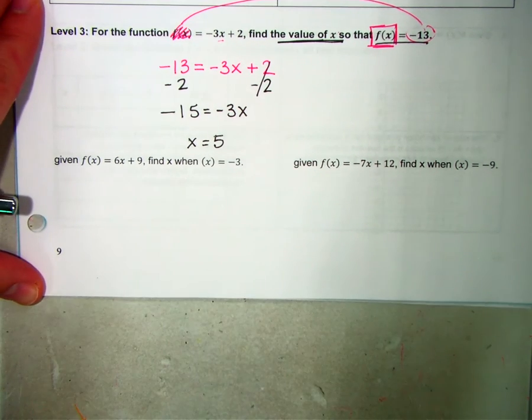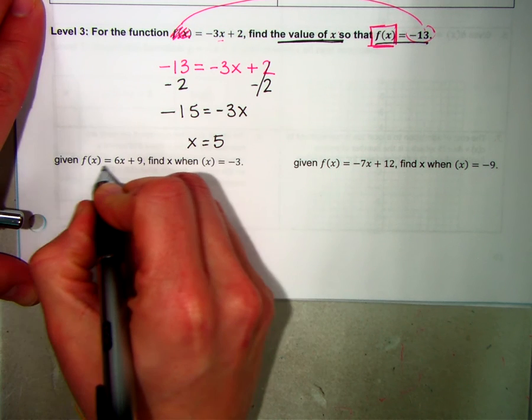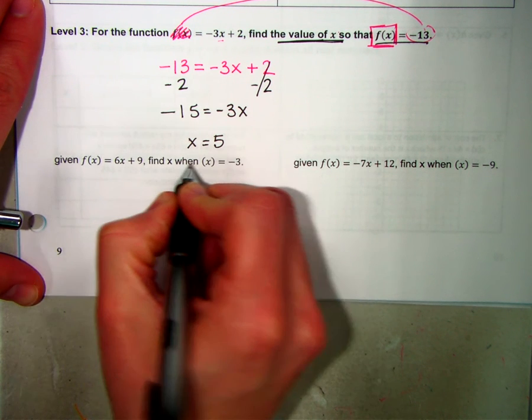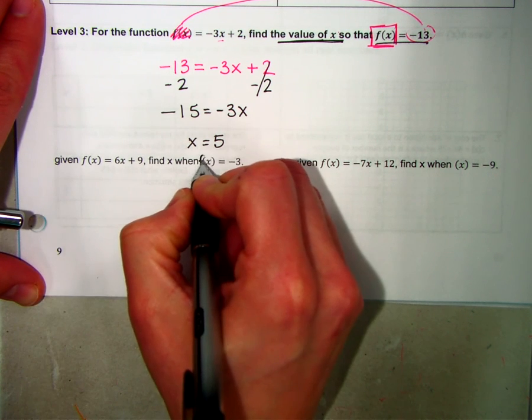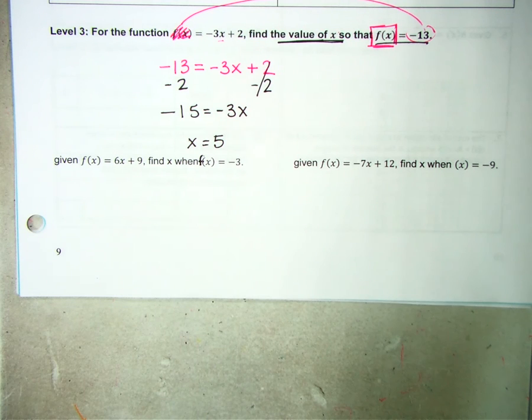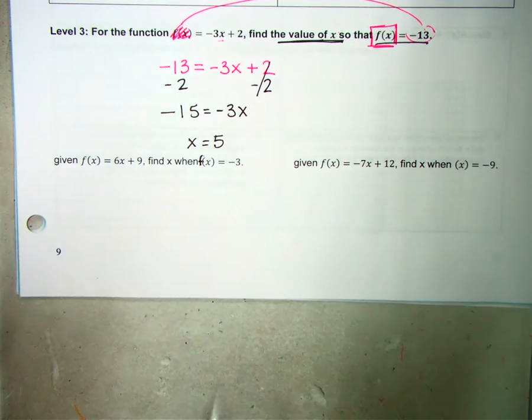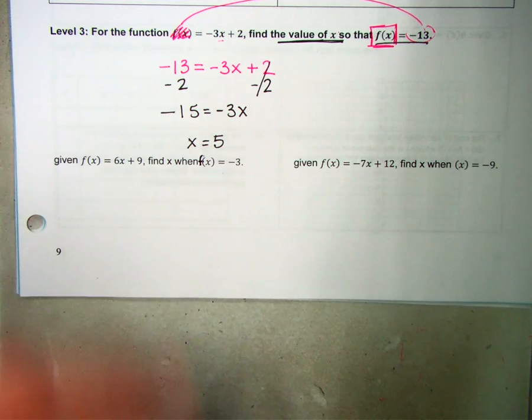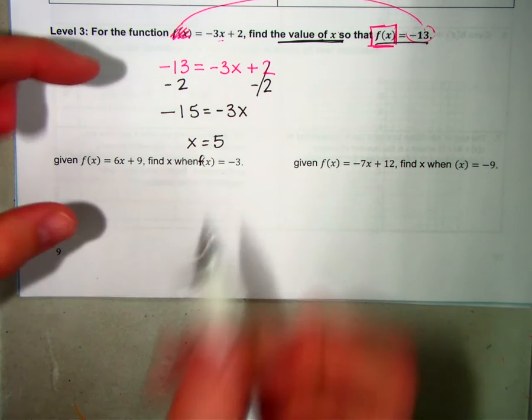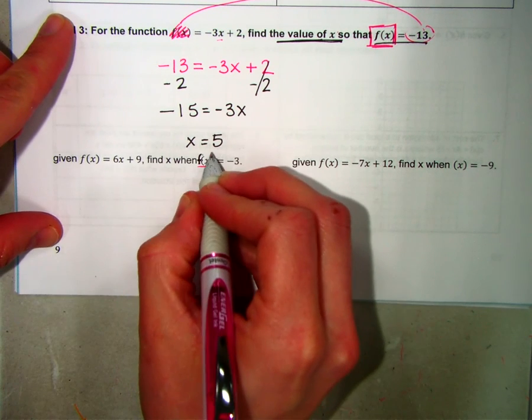Okay, let's try it again just to make sure we understand this. There's a typo, sorry about this. Given f of x equals 6x plus 9, find x when f of x equals negative 3. Sorry about that, that is my fault. We're still finding x. It's the same thing. So where are you going to plug this negative 3 into?